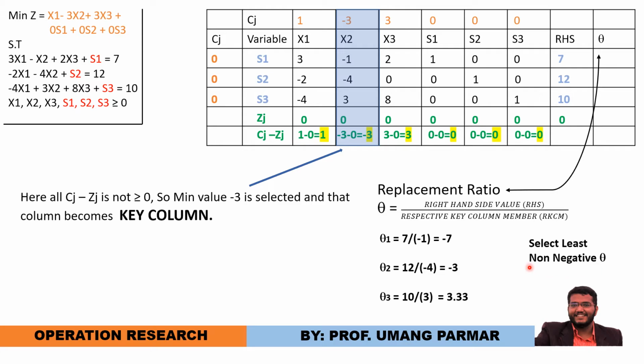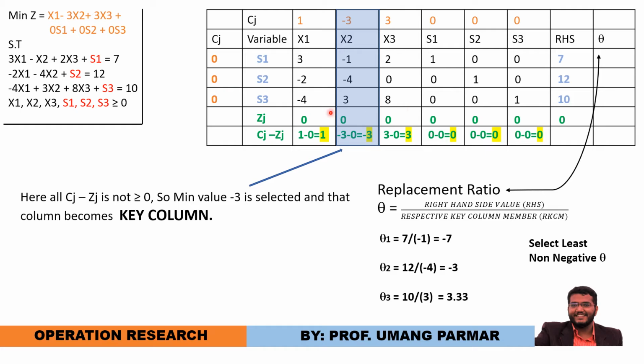You cannot consider the negative values. Right now theta 1 and theta 2 are negative values, so we are not considering these. Theta 3, that is 3.33, is our least non-negative value.